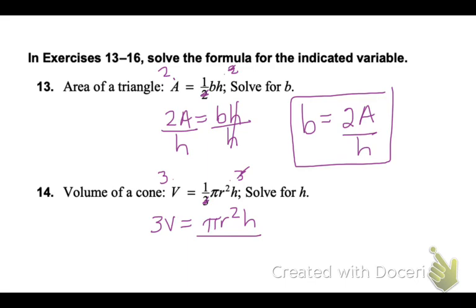Then to undo all of that multiplication, we can divide both sides by pi r squared. So we get h is equal to, because the pi's cancel and the r squared cancels, 3v divided by pi r squared.